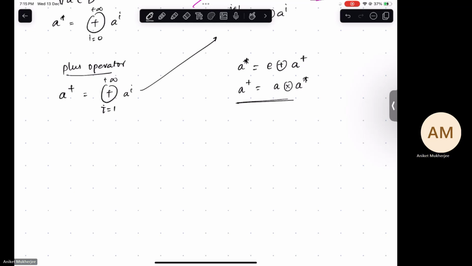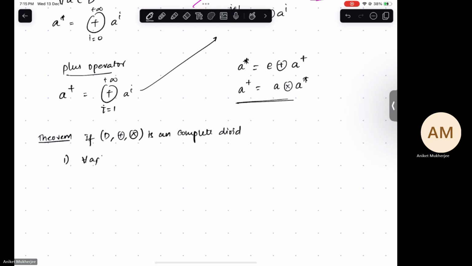So if the first operator and second operator form a complete dioid, then for all A, B belonging to that set, if A is less than B in the dioid order, then A star is less than B star in the dioid order, right?